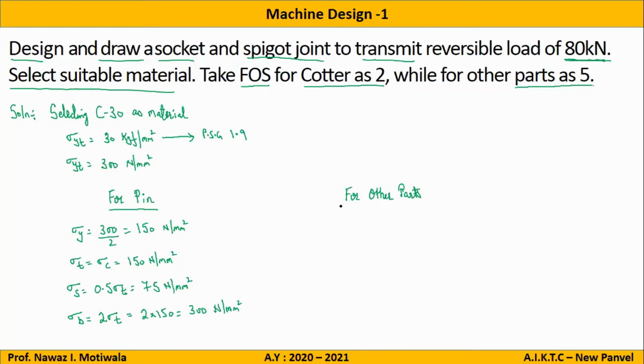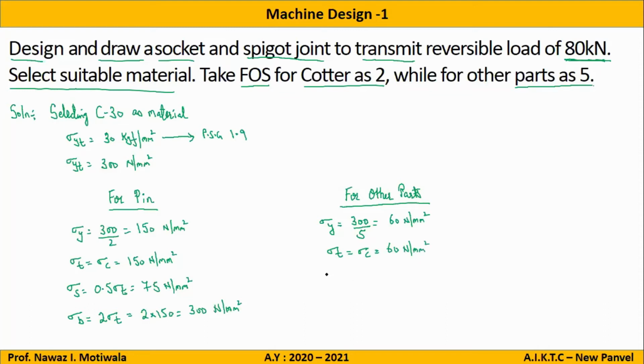And when I go for other parts, I will be using factor of safety as 5. So sigma y is equal to 300 divided by 5, which is 60 newton per mm square. And if this is 60, sigma t is equal to sigma c is equal to 60 newton per mm square.